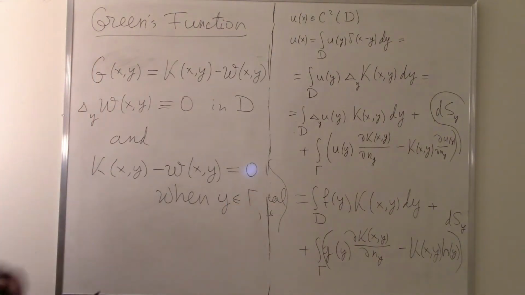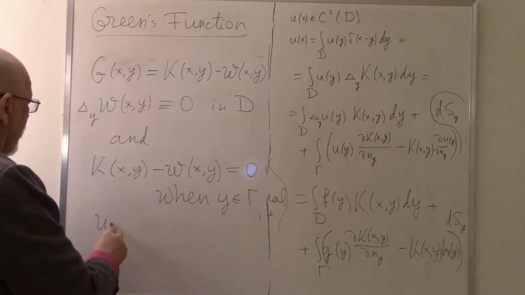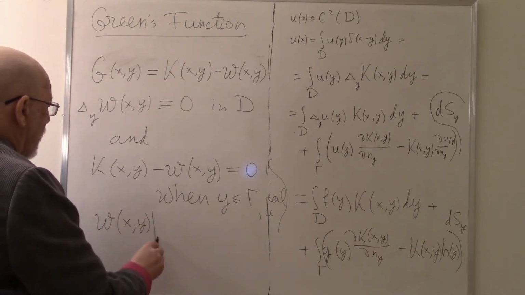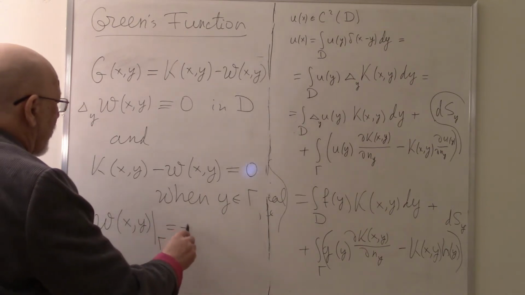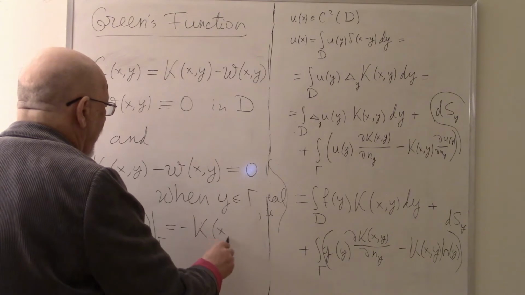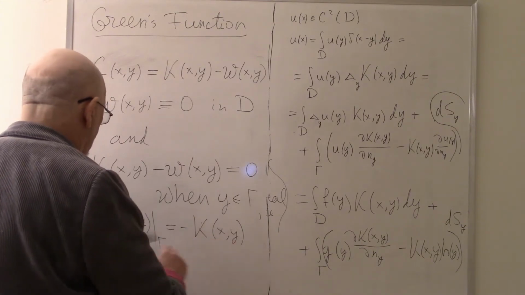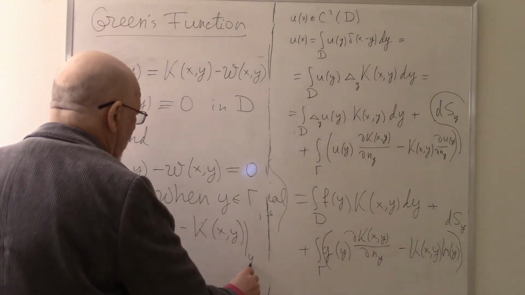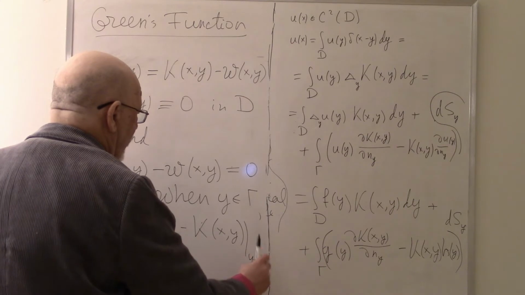This means that w of xy on gamma equals k of xy when y is on gamma.